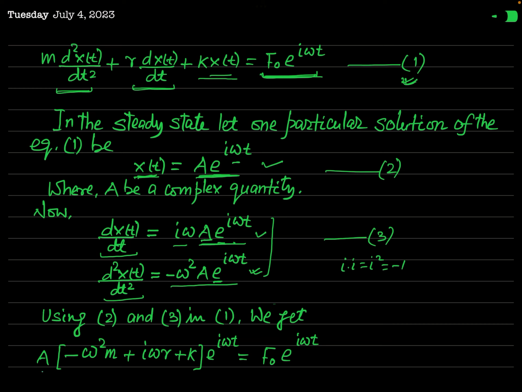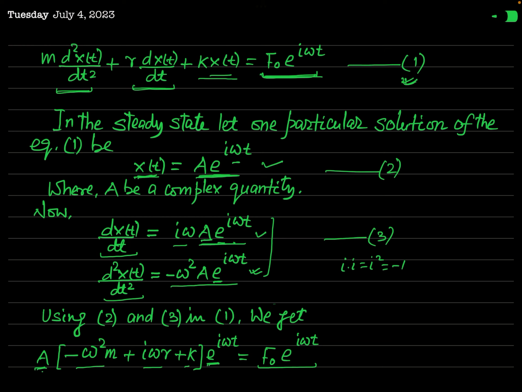So we can take A times e to the power i omega t as a common factor. Although A has been written on the left side and e to the power i omega t on the right side for convenience. So taking A times e to the power i omega t, the LHS of equation 1 will be A times (minus omega square m plus i omega r plus k) times e to the power i omega t, and that is equal to f naught e to the power i omega t.